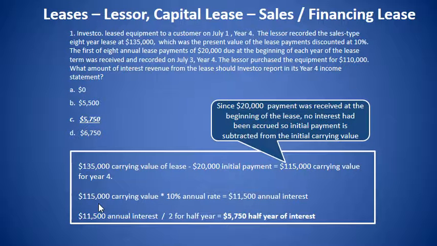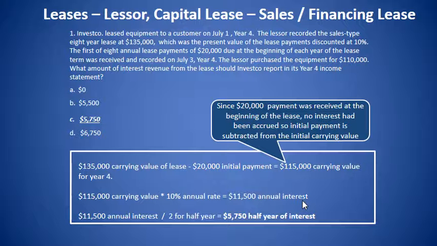So it's going to be $115,000 times our annual rate of 10%. That means our annual interest is going to be $11,500.